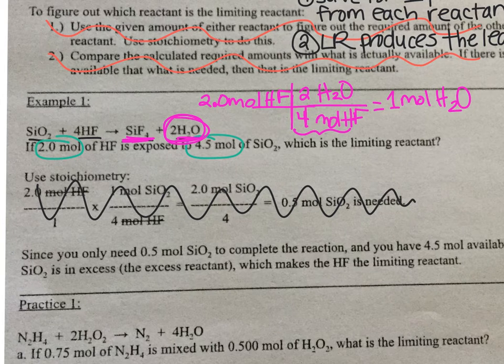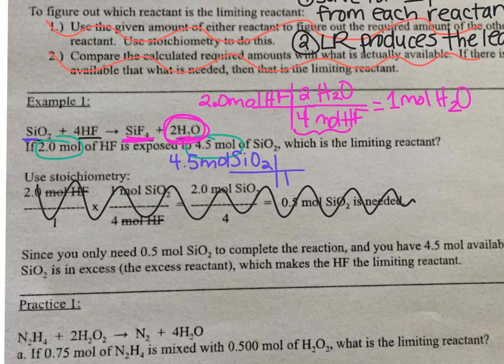So we also have the 4.5. I'll write that with a different color. All right, so we have 4.5 moles of silicon dioxide. I'm going to start moving through this a little bit quicker. So what number would we put at the bottom? 1. Where is that 1 coming from? Coefficient. The fact that there's only 1 of the silicon dioxides, right?